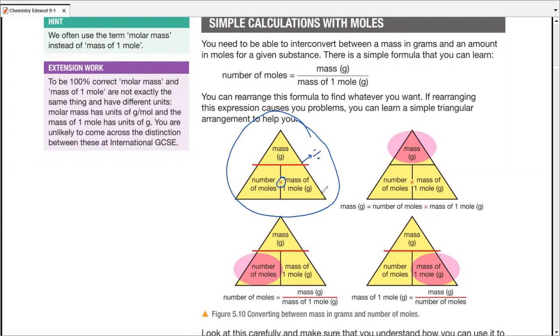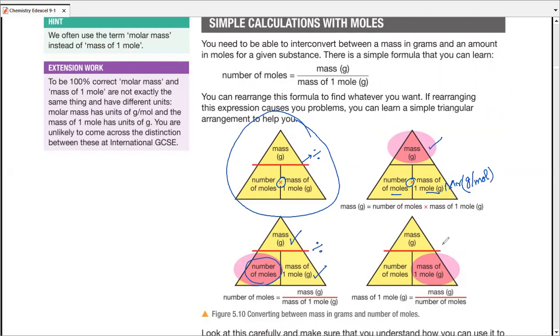Then there are three ways we can rearrange the formula. If we want to know the mass, we can multiply the number of moles with mass of 1 mole, or simply Mr of that substance, considering Mr units would be gram per mole. If we have the mass and we have the mass for 1 mole, we can find out the number of moles by simply dividing them.